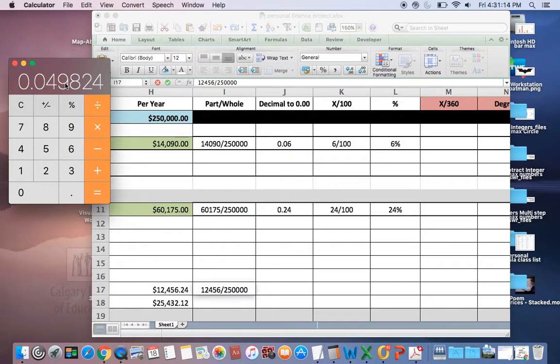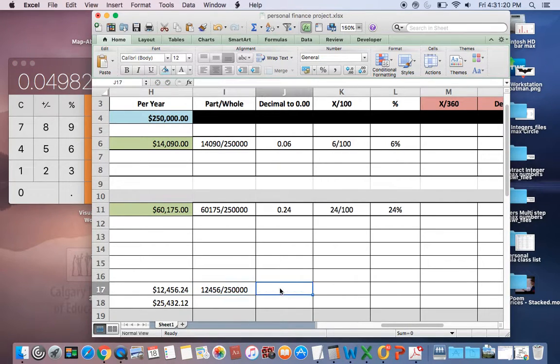The third number is bigger than 5, so that's going to be 0.05. 0.05 because we round up. If it was less than 5, if it was 0.043, it would just be 0.04. 5 hundredths, this would be 5%.